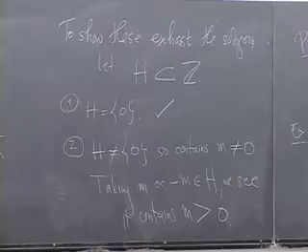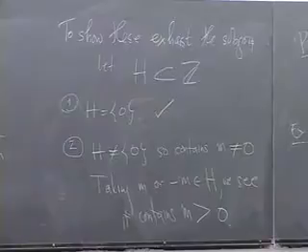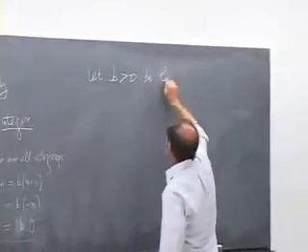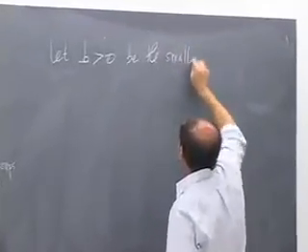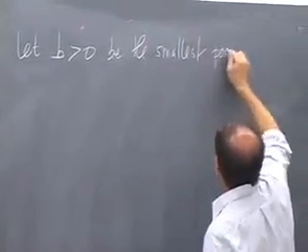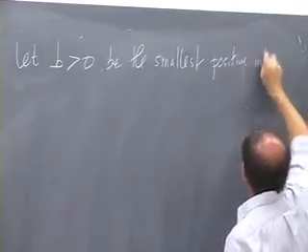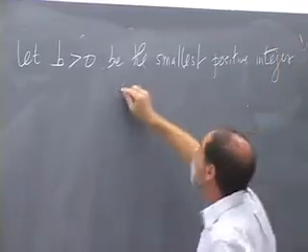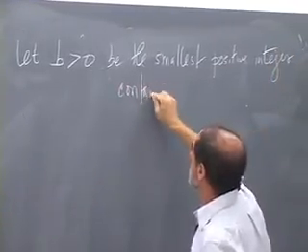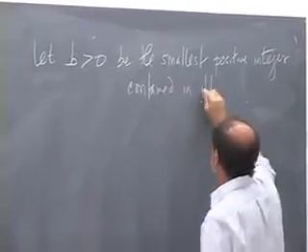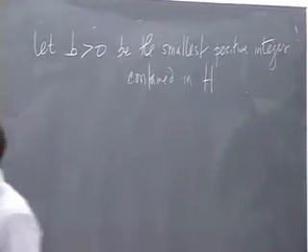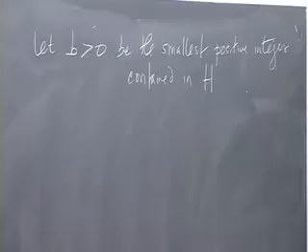Okay. And then the trick of the Euclidean algorithm is to let b, b greater than 0, be the smallest positive integer contained in H. So since it contains positive integers, it contains the smallest one. Okay?